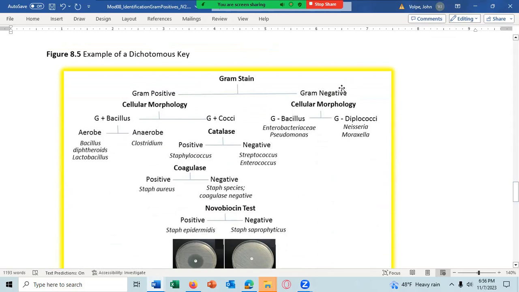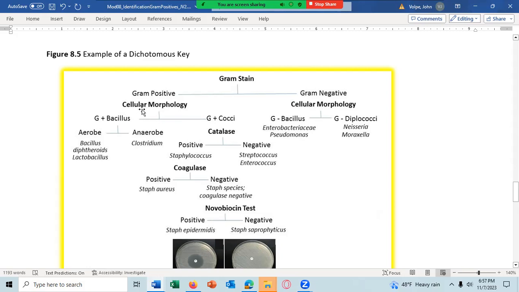It's gram positive, so I'm going to cross this out. And then we can do another test which separates the gram positive bacteria based on their shape, which is also dichotomous. There's gram-positive bacillus and gram-positive cocci. So we look at the bacteria shape.